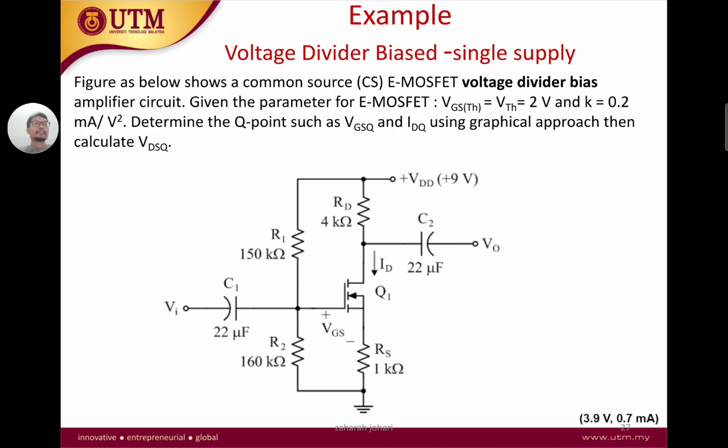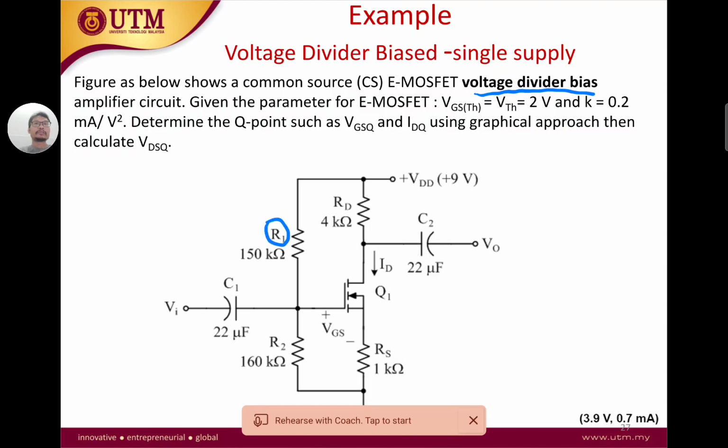So what is meant by the voltage divider bias? The main characteristic of the voltage divider bias, as you can see, is actually on the R1. We have the R1 connected to the main source, the VDD, at one end, and the other end is connected to the gate terminal.